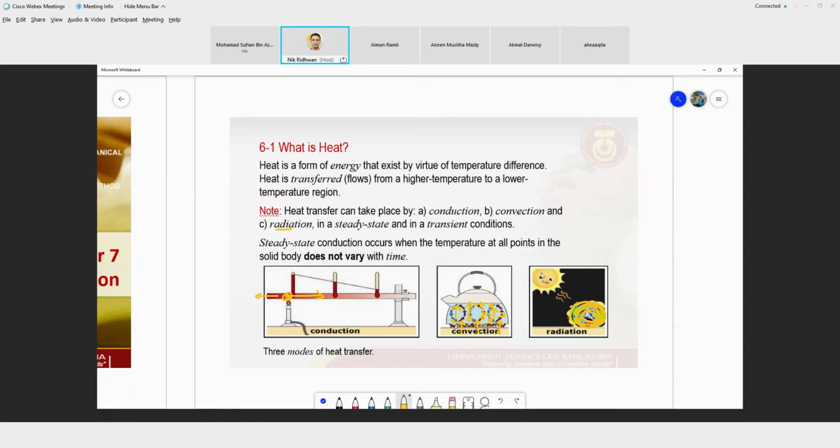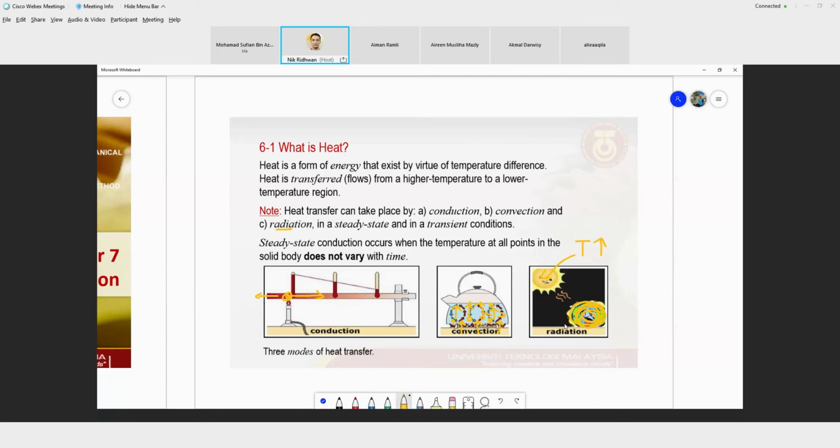But this source of heat has a very high temperature, and due to this, the heat can be sensed by the Earth's surface.